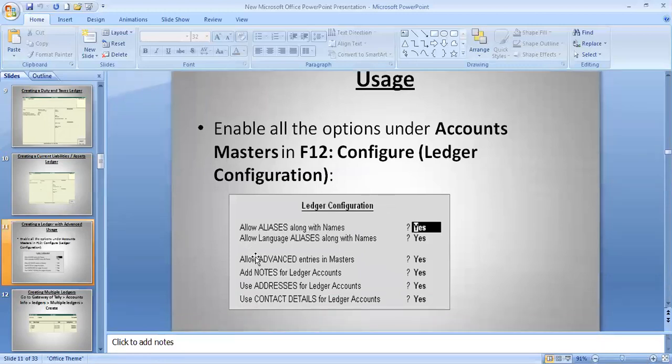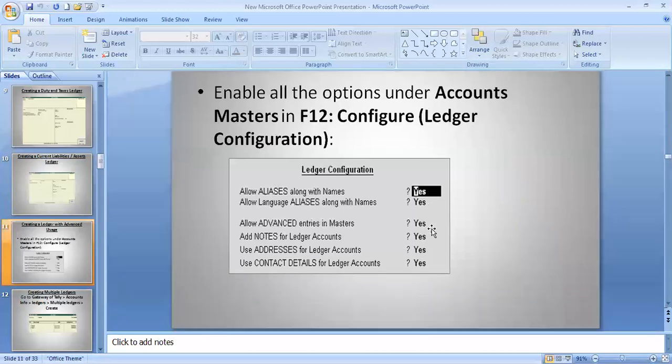If you want to give just the name and no alias information, you can give No here. By default, Tally ERP9 takes Yes here. If you don't want it, you can click No for all the information. Clear? If you give No here, that information will not appear on the screen of Tally ERP9. Fine.